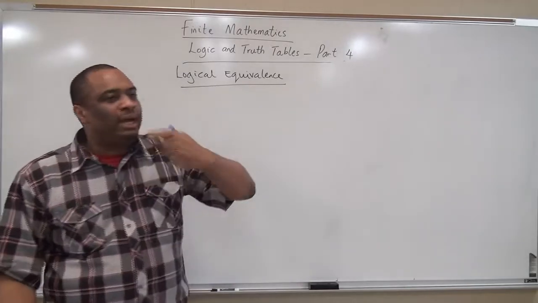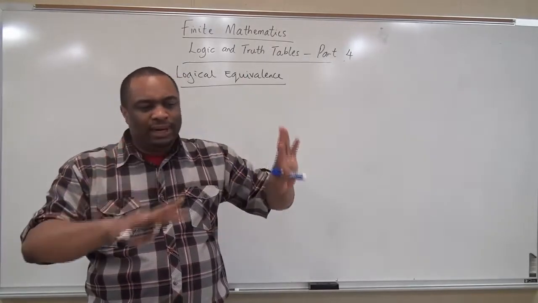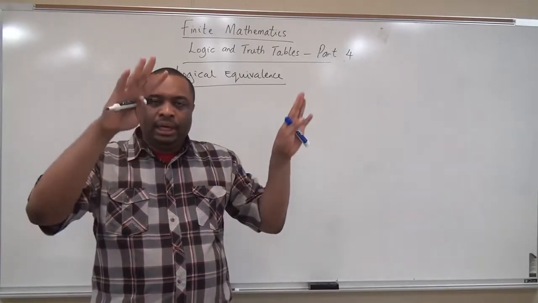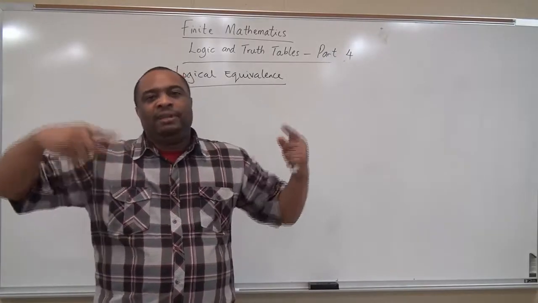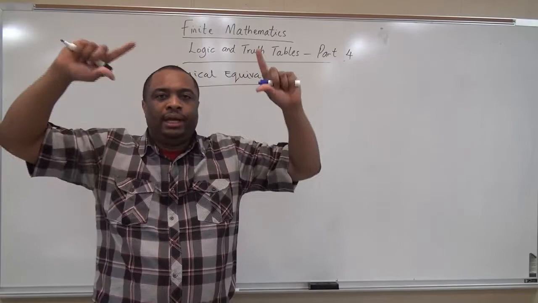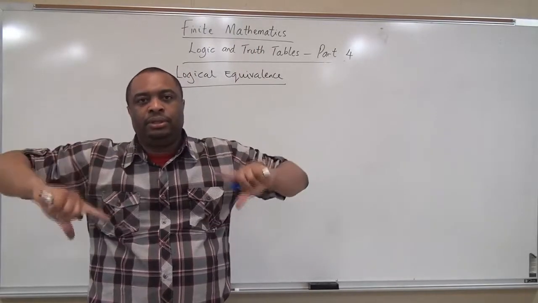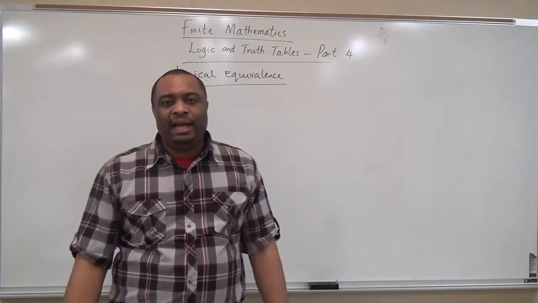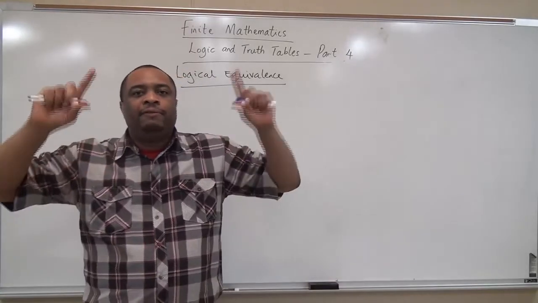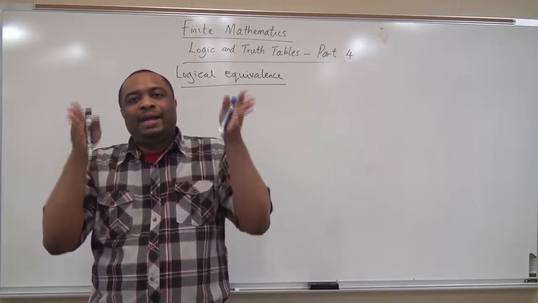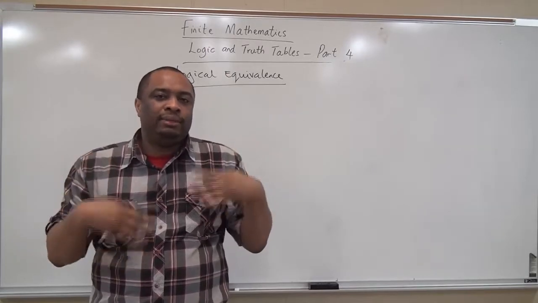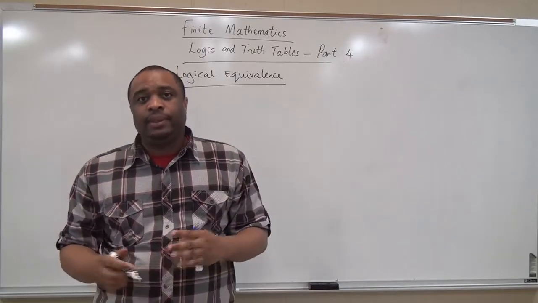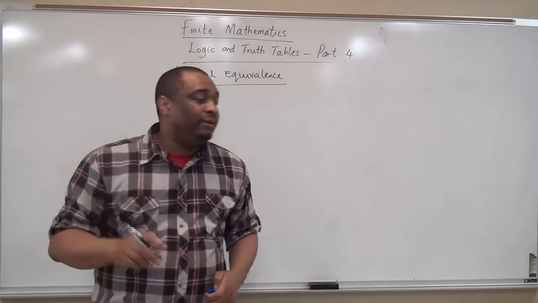Logical equivalence is when we look at statements and construct the truth tables for the statements. If they have the same truth table values in the final answer column, then they are logically equivalent. If not, they are not logically equivalent.